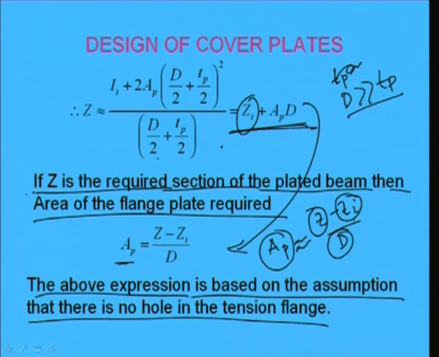Now, again we are assuming that there is no hole, and on this basis we are making the calculation, but we know that when we are going to make a built-up section, either we have to connect through rivet or weld joint. So, in case of rivet joint we have to make some holes. So, the net area of the plate is going to reduce.